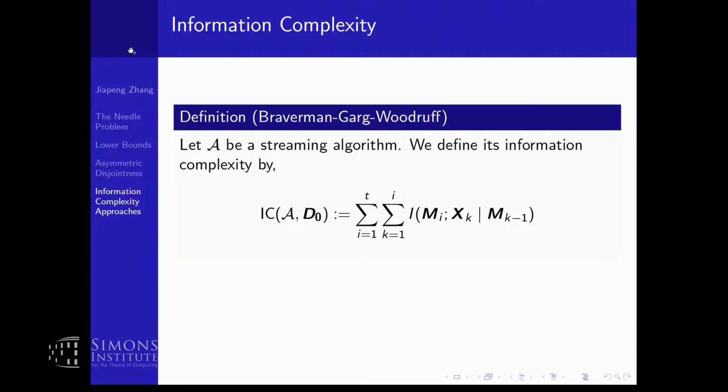Okay, so this is the information cost by Braverman, Garg, and Woodruff. This is for one pass streaming algorithms. It is defined in this way. M_i here refers to the memory: M_i means the memory status after receiving the i-th sample, and X_k is the k-th sample.